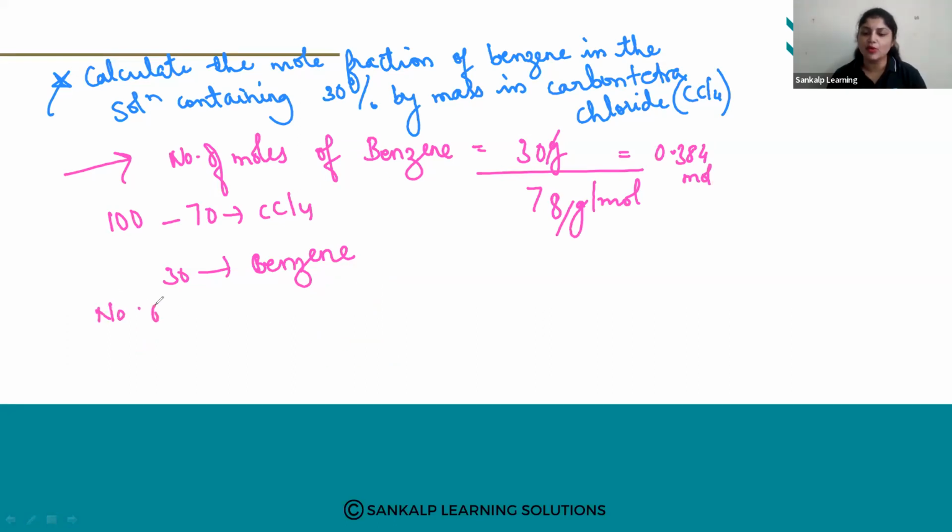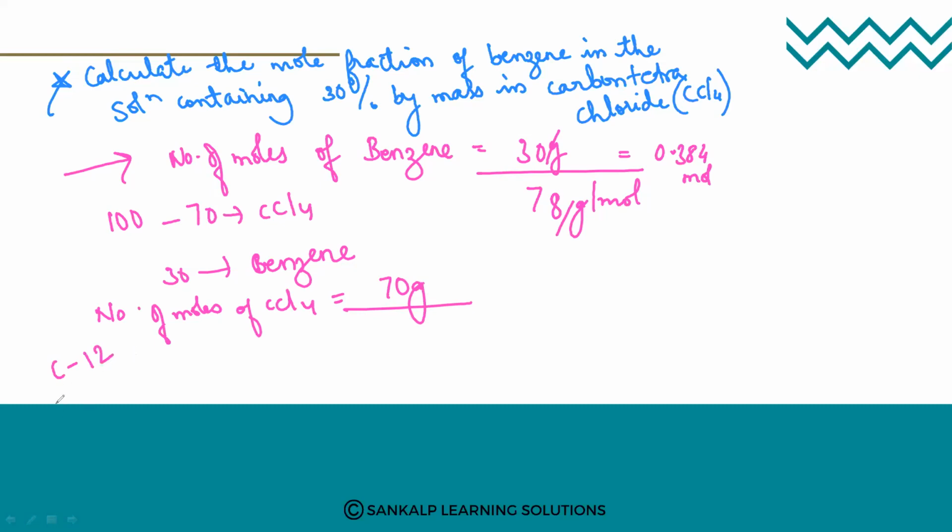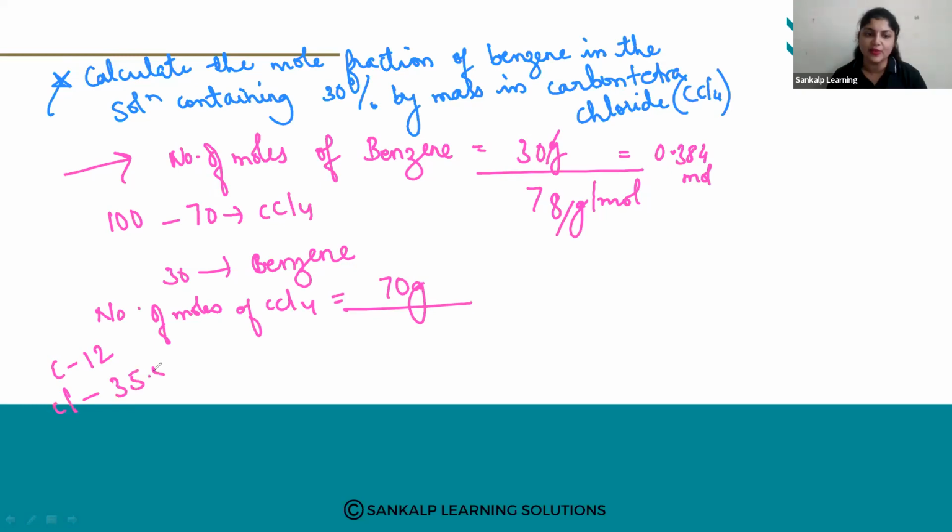Now number of moles of CCl4. Out of 100, 30 is benzene, so 70 is CCl4. 70 grams divided by the molar mass of CCl4. Carbon is 12 and each chlorine is 35.5.